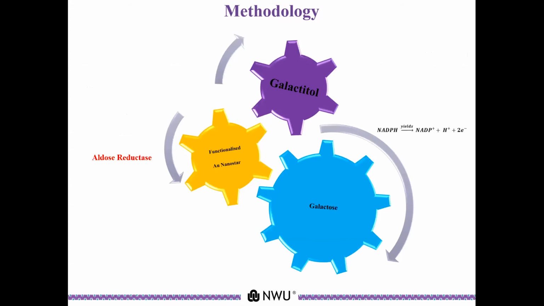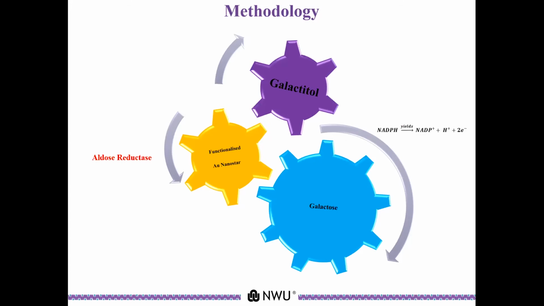Basically, the aldose reductase or oxidative pathway is the one that I'll be using mainly, because it seemed to be the more feasible one, considering the electrochemistry and the stoichiometry involved. So my functionalized gold nanostar will act in the presence of aldose reductase to determine how much NADPH there is, because they react in a ratio of 1:1, stoichiometrically speaking, to produce galactitol.